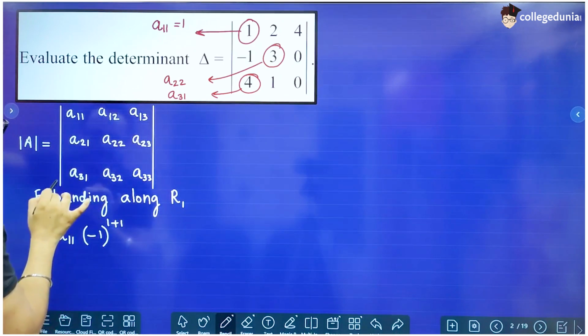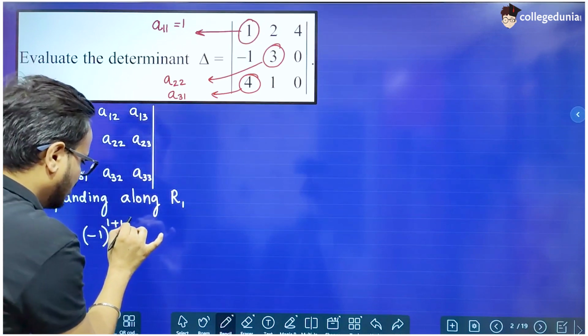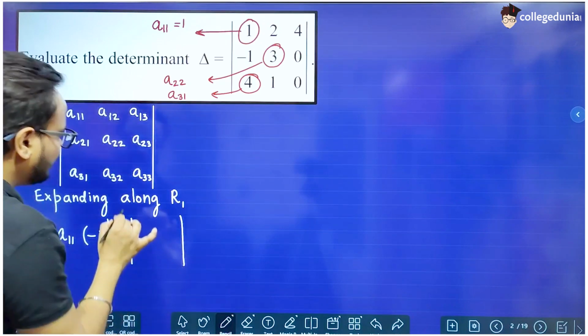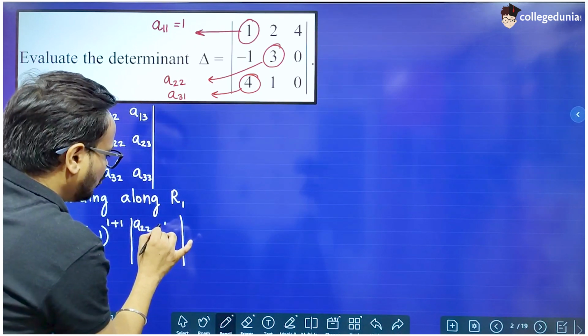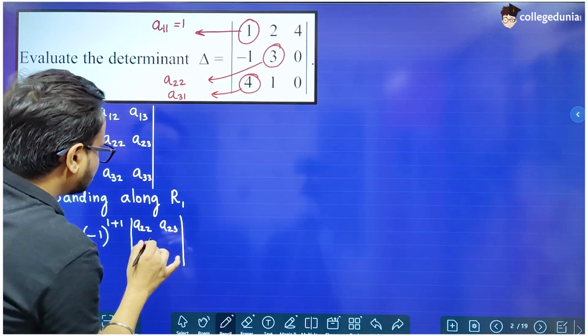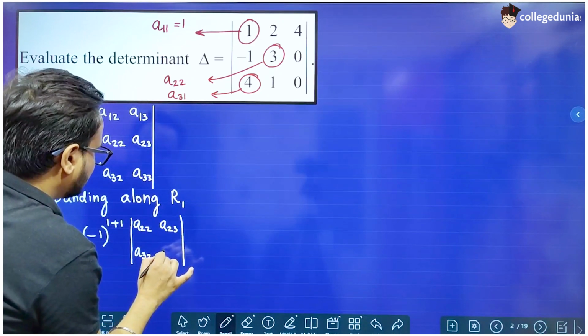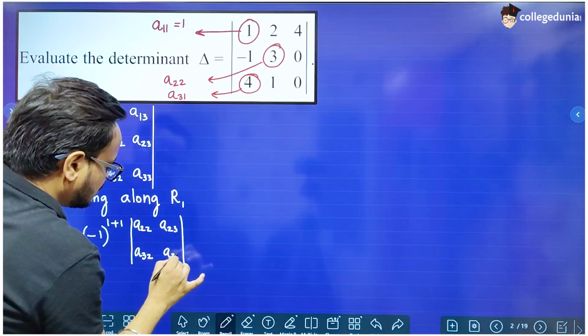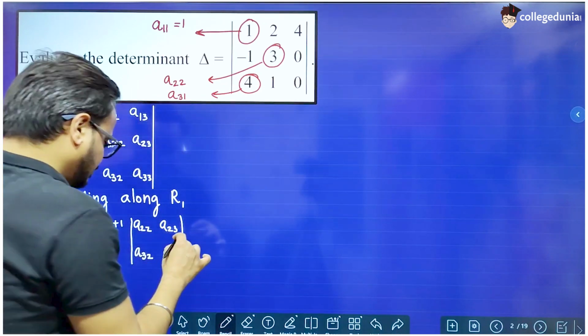So this and this are left. So we are left with this 2 by 2 determinant. So we will write it here: A22, A23, A32, A33. Right?